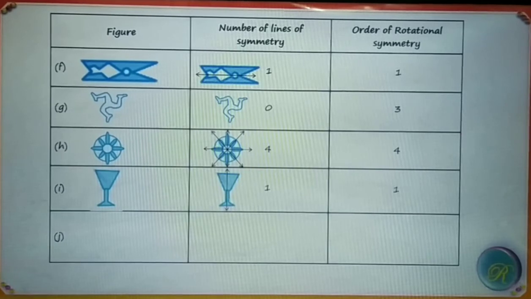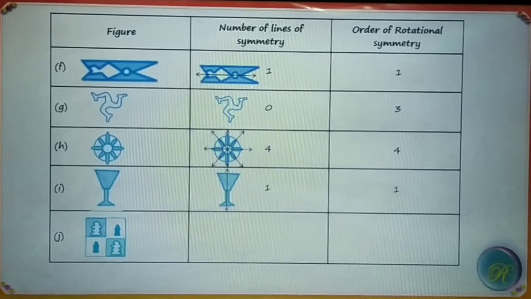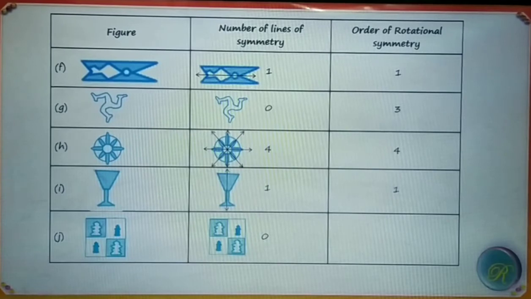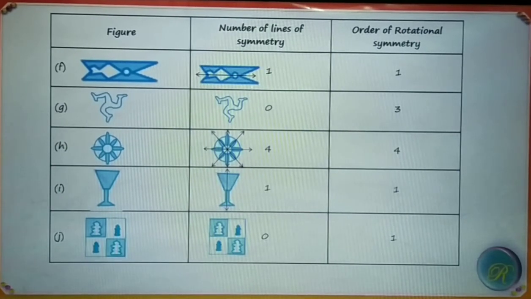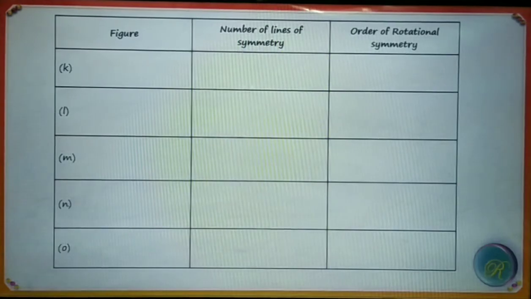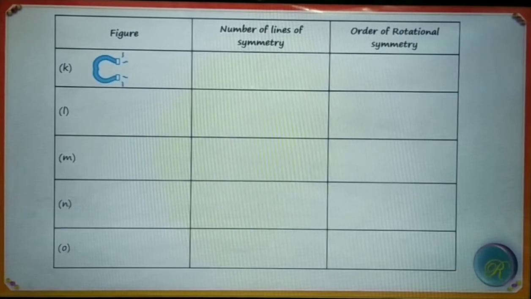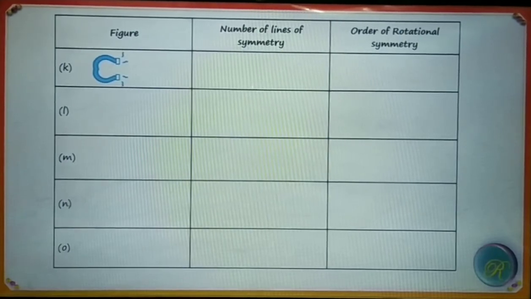Figure J. Number of lines of symmetry 0. Order of rotational symmetry 1. Figure K. Number of lines of symmetry 1. Horizontally we can draw.